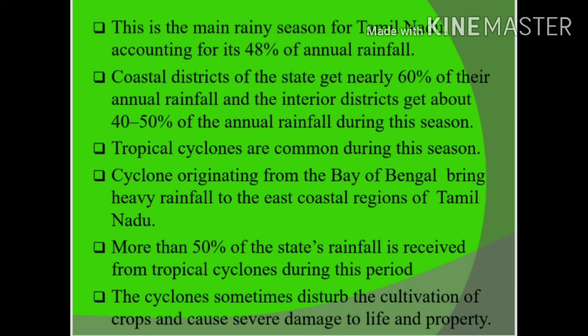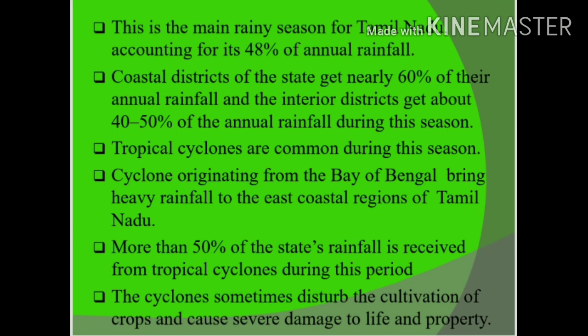Tropical cyclones are common during this season, and cyclones originating from the Bay of Bengal bring heavy rainfall to the east coastal regions of Tamil Nadu. Totally 13 districts come under the coastal areas of Tamil Nadu, and these districts receive more than 50% of the state's rainfall from the tropical cyclones of the northeast monsoon.